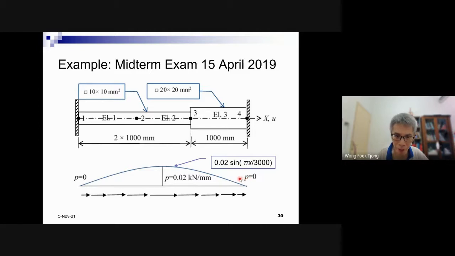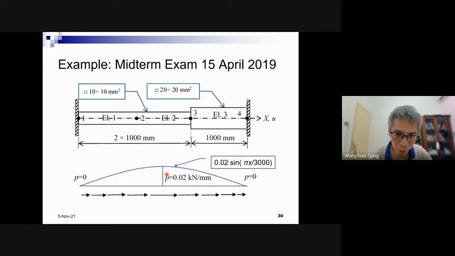But the peak or the amplitude of the loading is located at the midpoint, that's 0.02, because this is the location when x equals 1500, which means 1/2 pi radians. 1/2 pi radians is 90 degrees, and sine 90 degrees is 1. So this is the largest intensity of the load.